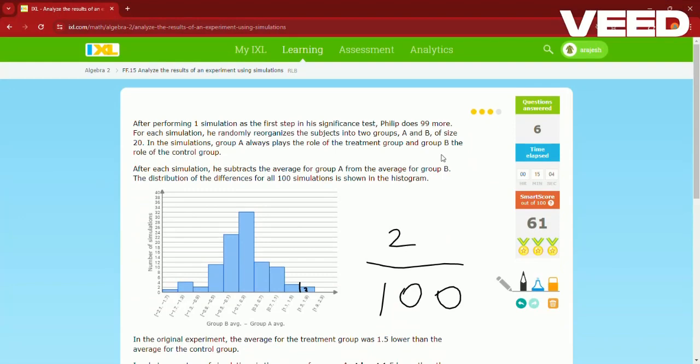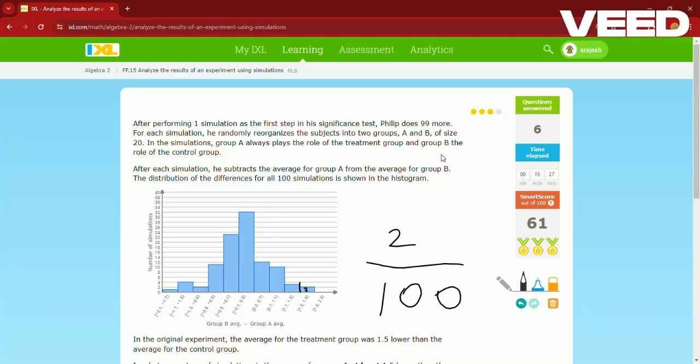Okay guys, this is part 2.3. Let's get to it. After performing one simulation as the first step in his significance test, Philip does 99 more. For each simulation, he randomly reorganizes the subjects into two groups, A and B, of size 20.